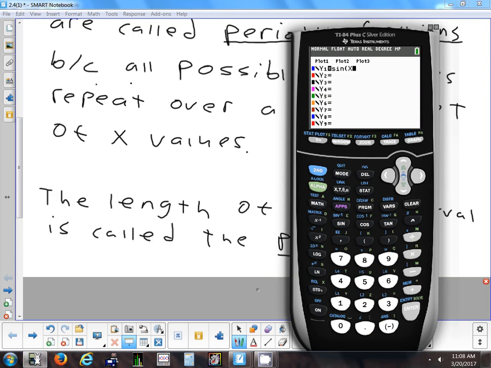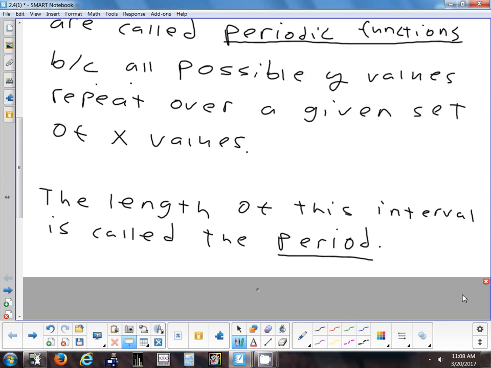But I could do something like this. What I've done now is I've really shortened the amount of x values I have to go through before it repeats. This one is repeating a lot faster, so it's not 0 to 360 degrees to get one cycle anymore.